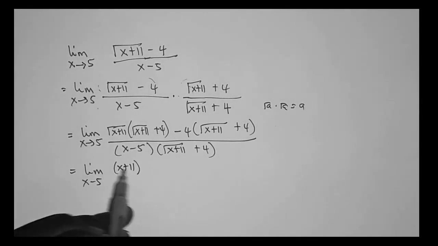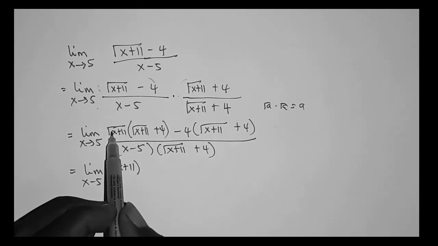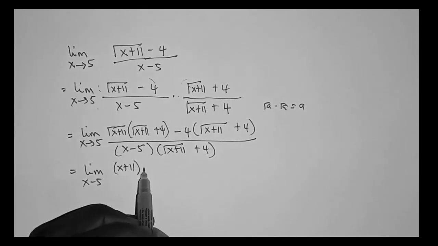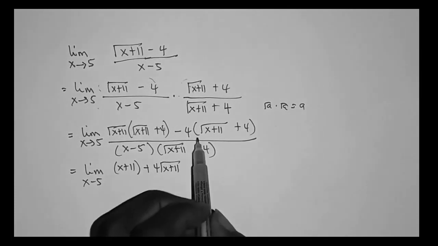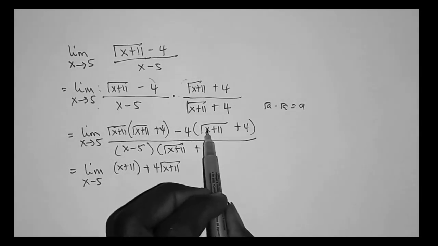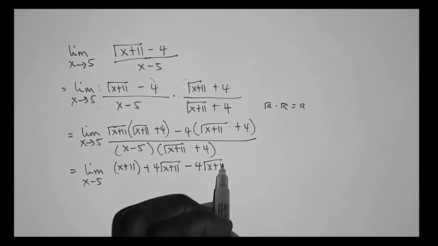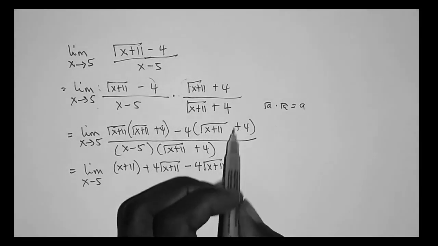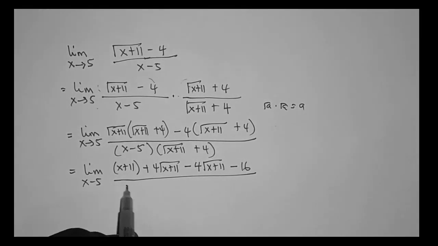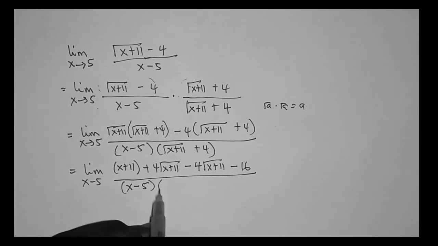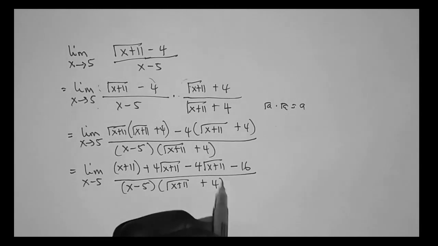Then square root of x plus 11 times 4 becomes plus 4 root x plus 11. Then minus 4 times root x plus 11 becomes minus 4 root x plus 11. Then minus 4 times plus 4 becomes minus 16, divided by x minus 5 in one bracket times root of x plus 11 plus 4.